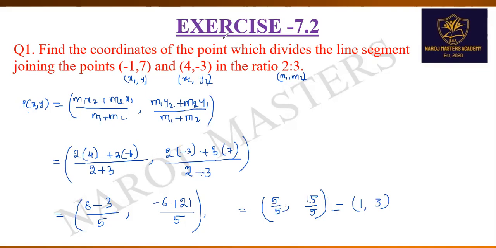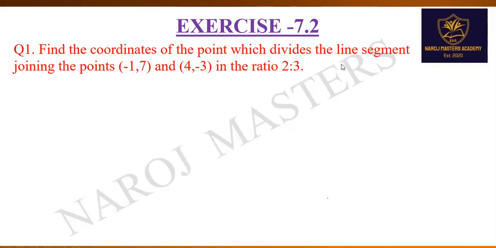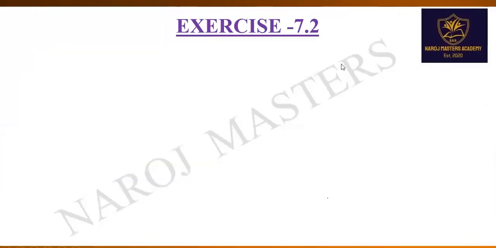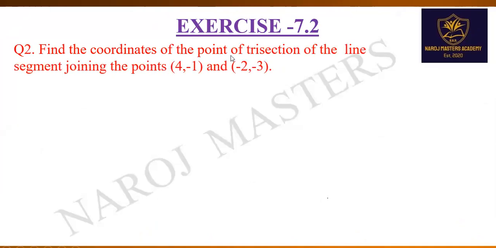Question number 2. Find the coordinates of the points of trisection of the line segment joining the points 4, comma -1 and -2, comma -3. So trisection means 3 equal parts.